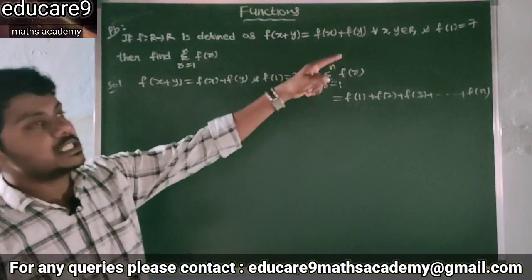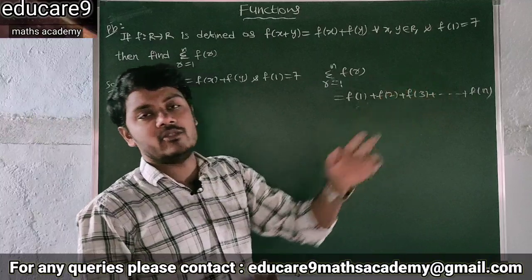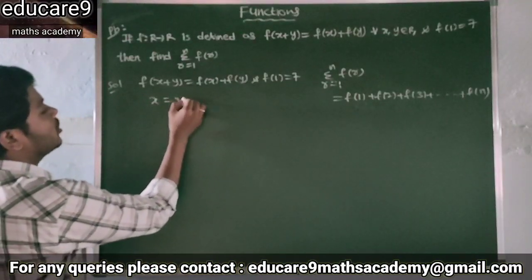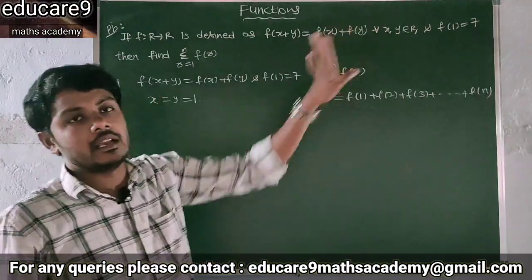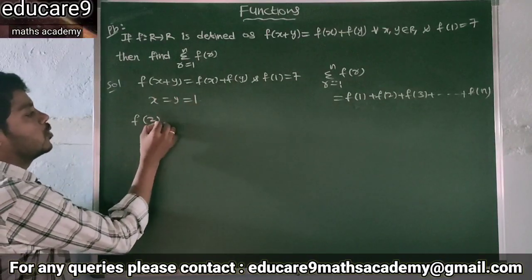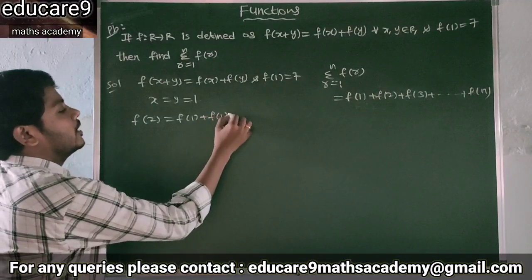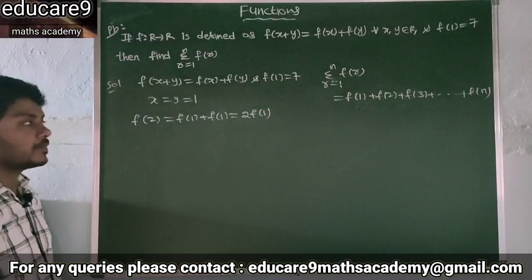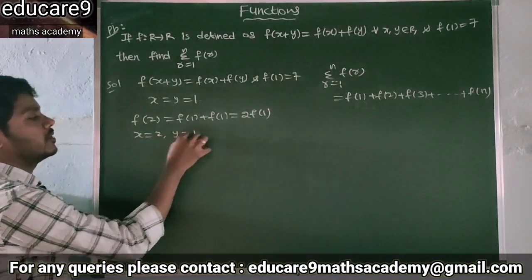So f(1) is given, that is 7. So using this you can find the remaining values. See here, put x equal to y equal to 1 because x and y are real numbers. So what you get? f(1+1), f(2) = f(1) + f(1). This is 2 into f(1). Now put x equal to 2, y equal to 1.